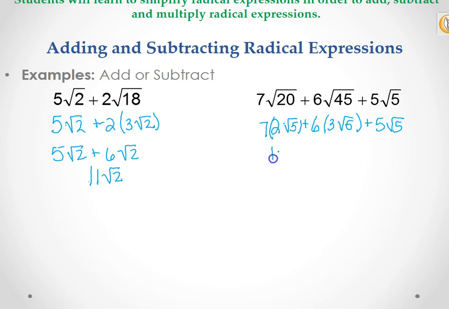Well, 7 times 2 is 14 square roots of 5. 6 times 3 is 18 square roots of 5, plus the 5 square roots of 5. 14 plus 18 is 32, plus 5 is 37 square roots of 5. So you see how simplifying makes it a little bit easier, prettier.